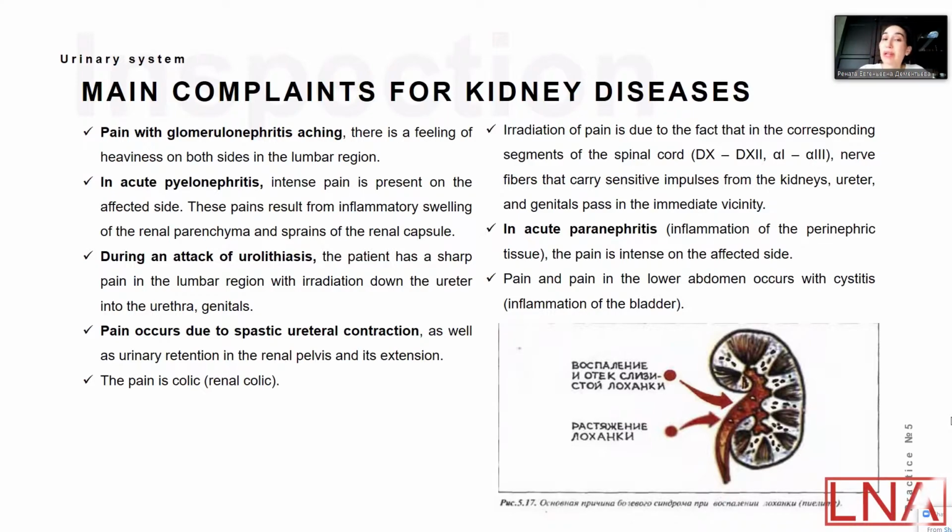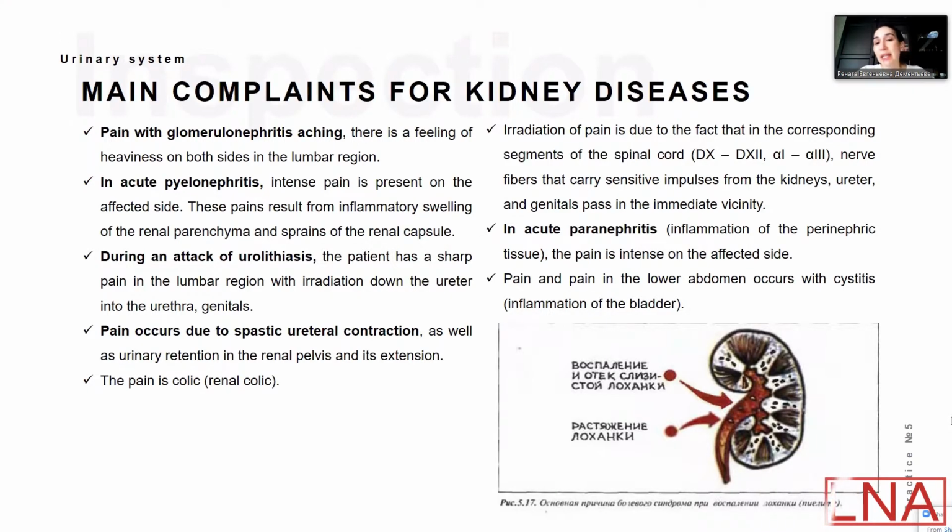In acute pyelonephritis, because the normal kidney is surrounded by lipid tissue, inflammation in the perinephric tissue, perinephritis, inflammation in the perinephric space, the pain is more intense on the affected side.